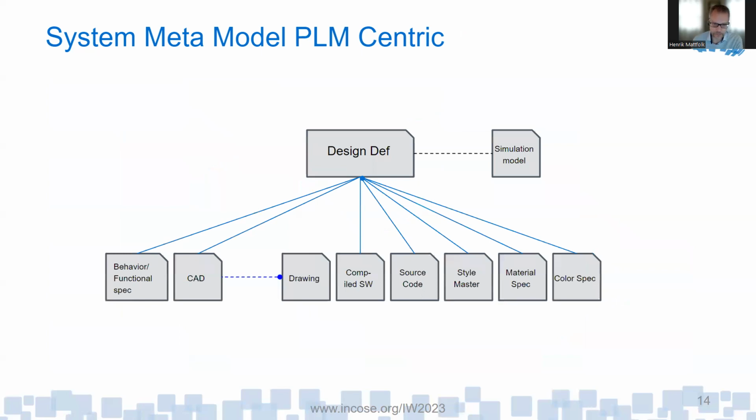So if we zoom in a little bit on the design definition, that's often a lot of different things that come together to describe the design. You may have behavioral functional specs, you have a CAD model that describes the physical form. There might be compiled software, source code, some styling and color things, even simulation models. So this is a whole new world that opens up here.